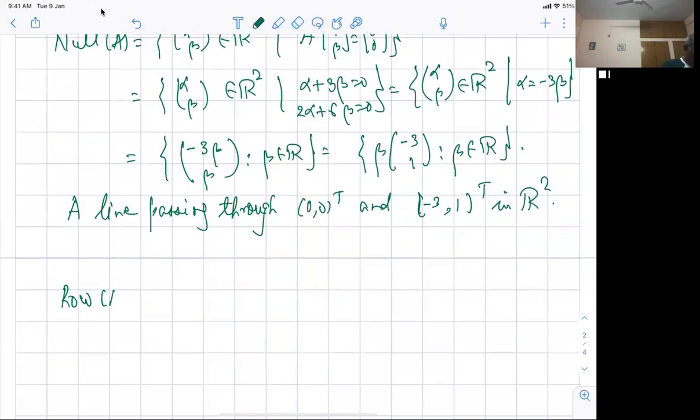space of A. So the row space of A is nothing but the column space of A transpose. So this is the same as A transpose times (alpha, beta).